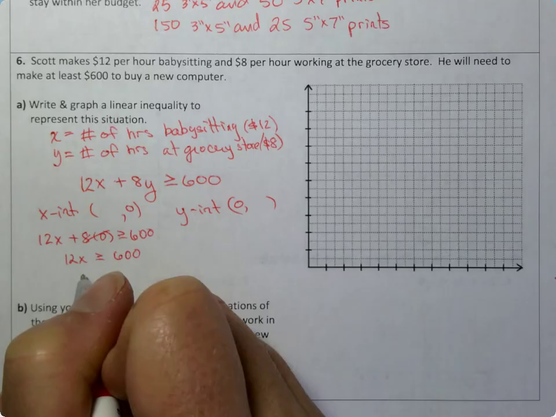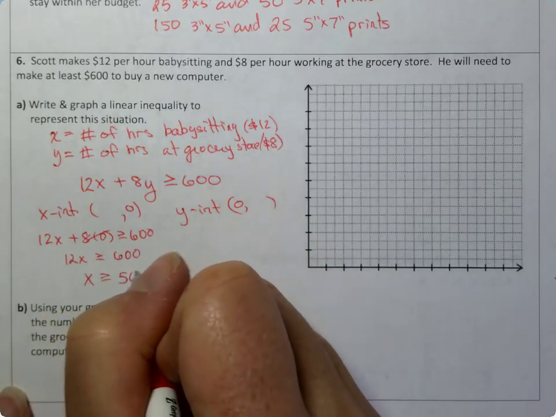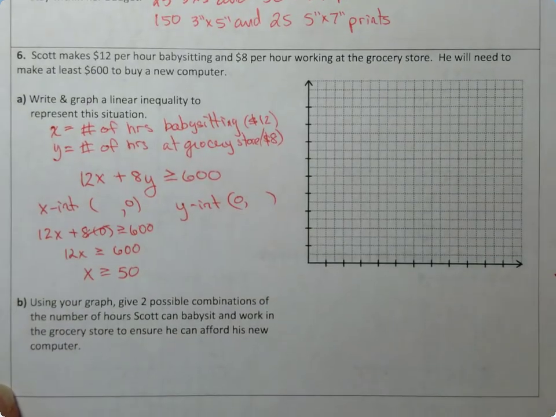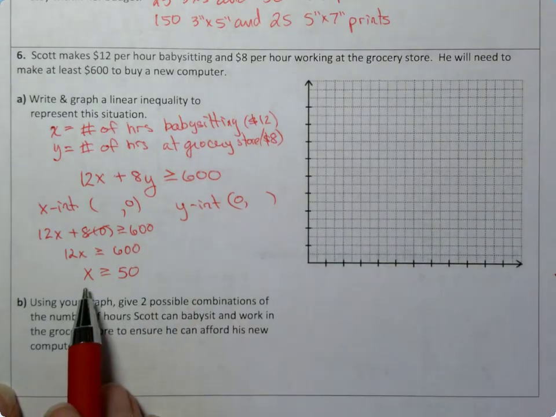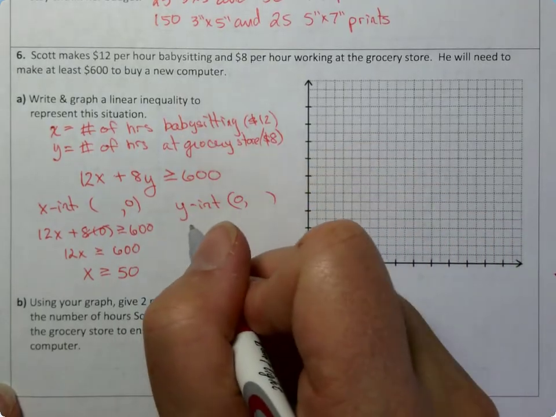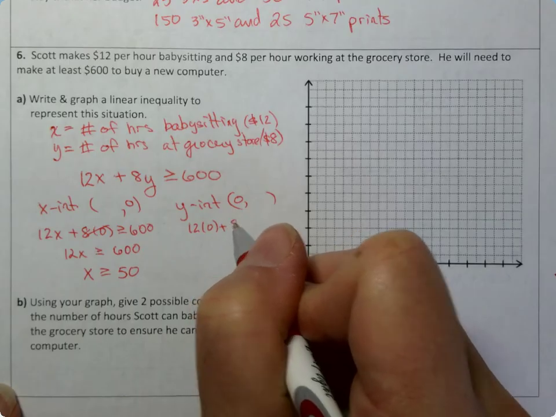And x is greater than or equal to 600 divided by 12, which is 50. That means he's got to work 50 hours or more babysitting. And then we're going to put the 0 in. So this would be if he only worked at the grocery store.